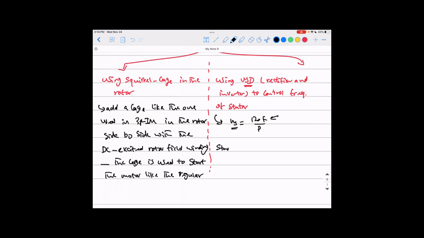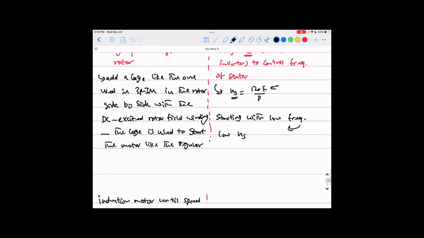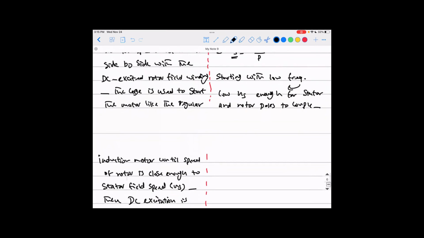And that means starting with low frequency, and that means low synchronous speed, low enough for stator and rotor poles to couple, and gradually increase speed to the rated speed.